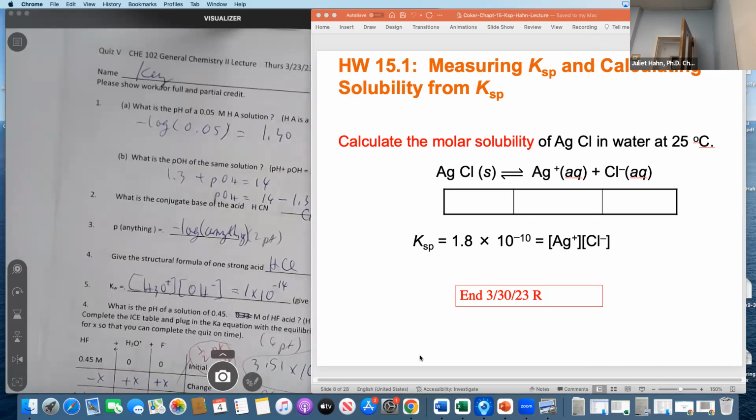I did not print out 15.1. Okay, so I actually printed out 15.2 because I thought I had already handed out 15.1. So we'll have to do it without actually having the paper in front of you. I'll hand it out next time the class meets. Oh, I still have some exams from last time.